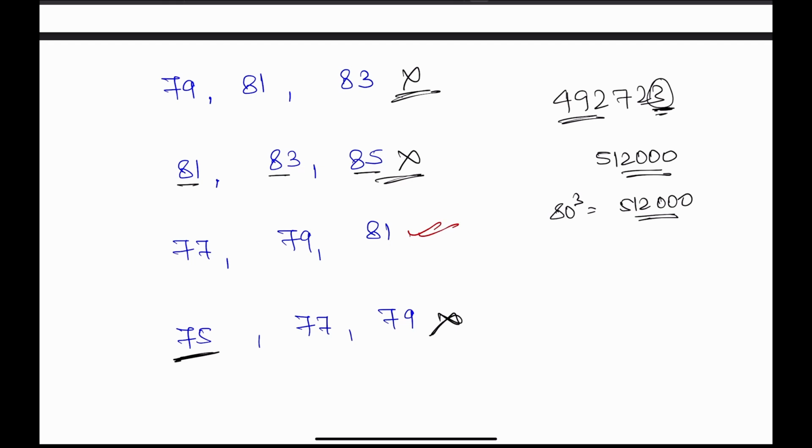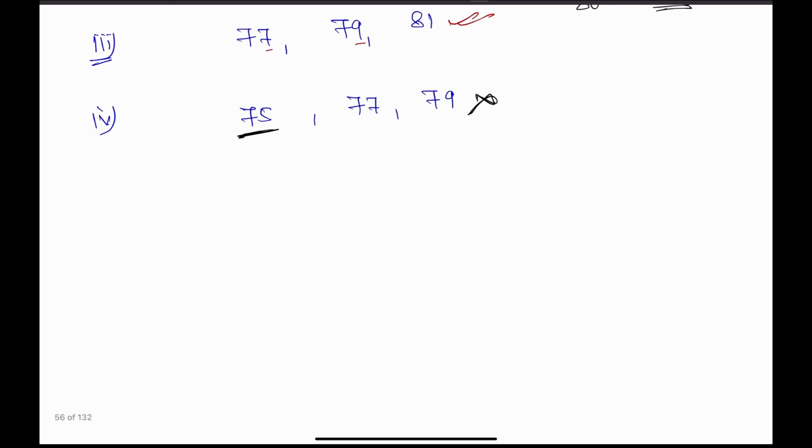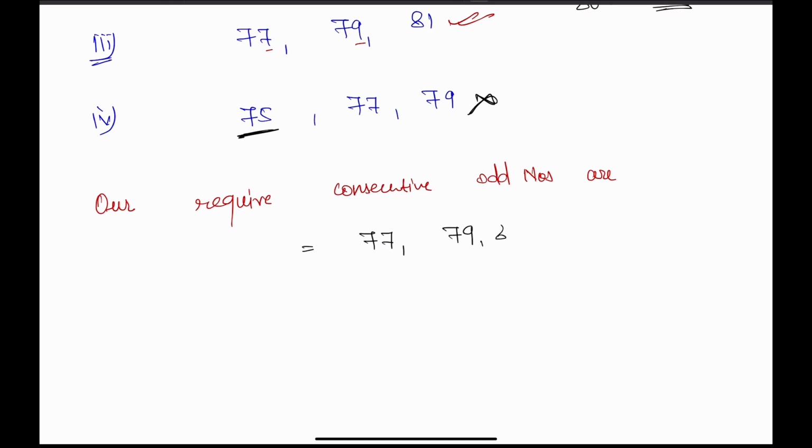This is possible because last digit, just see, 9 into 7, 63. So what happened now? Now we got our number. So our required consecutive odd numbers are, what are those? 77, 79, 81.